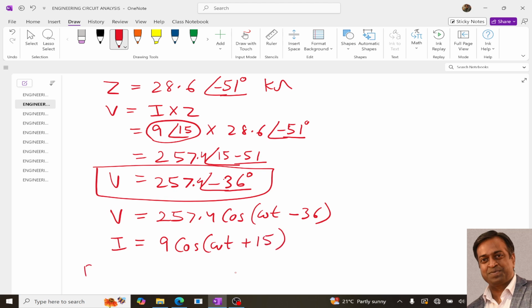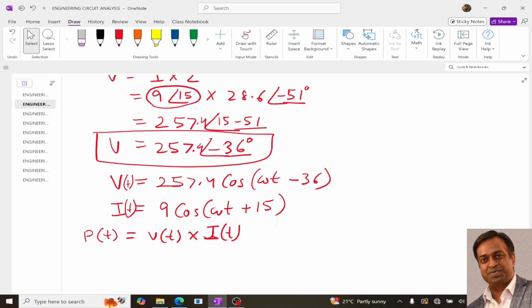Now when we talk about the instantaneous power, this is time domain, time varying. It can be expressed using the formula p equals v times i.